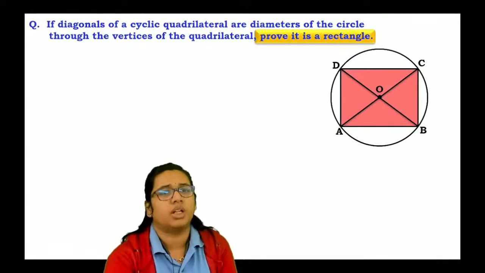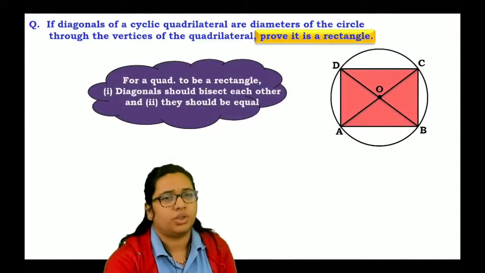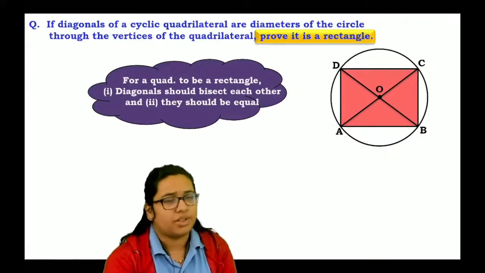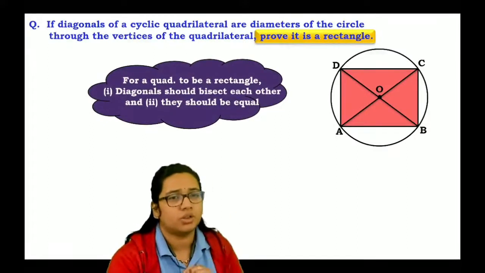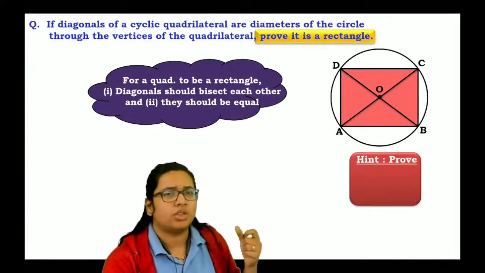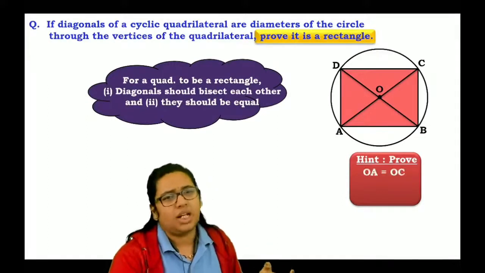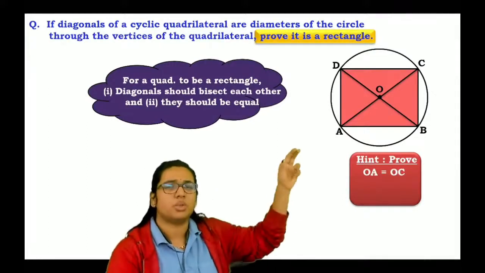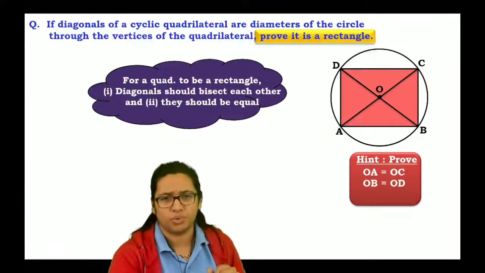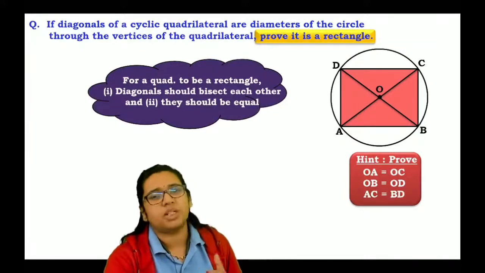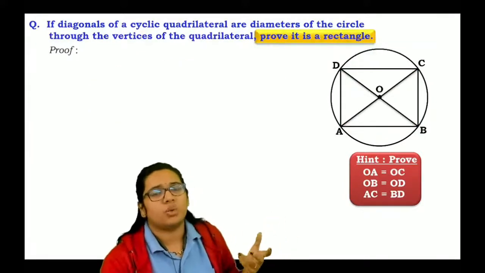So we are just going through this. For a quadrilateral to be a rectangle, रेक्टेंगल के कौन कौन से properties रहते हैं, देखो diagonals should bisect each other and they should be equal, meaning OA equals OC, if you are able to prove that, as well as OB equals OD and AC equals BD.